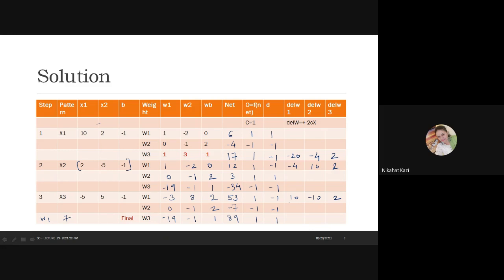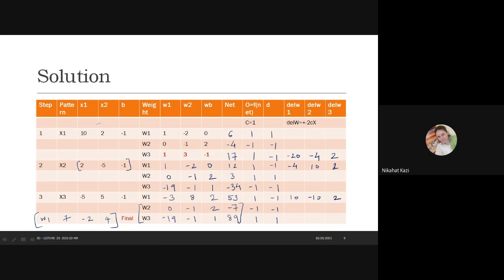Minus 3 plus 10, 7. 8 minus 10, minus 2. 2 plus 2, that is 4. So these two and this is W1. These are the final weights. Okay. So this is one iteration.